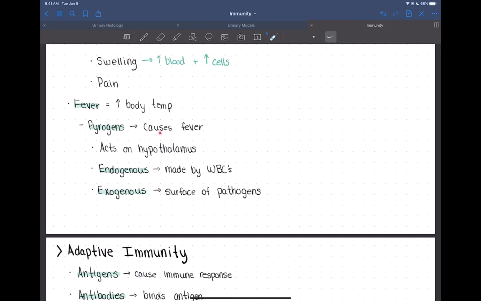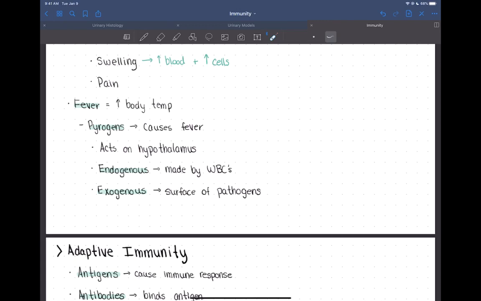So pyrogens cause fever, and they do that by acting on the hypothalamus, right? That region of the brain has many functions, but one of them is to maintain body temperature. Okay, so pyrogens act on the hypothalamus, and they can come from two different places. They can be endogenous, meaning that they're made by our own cells, specifically our white blood cells.